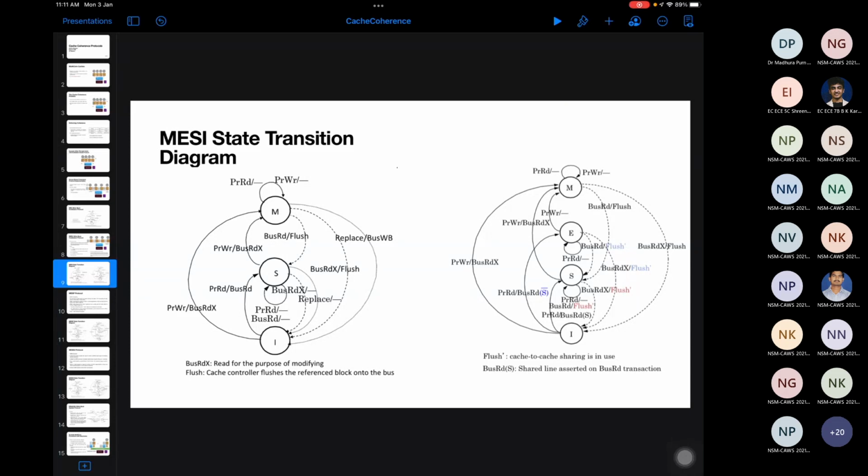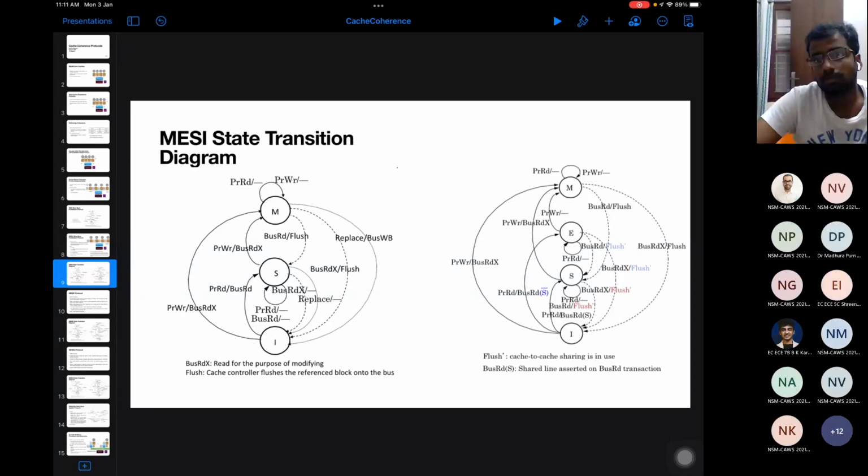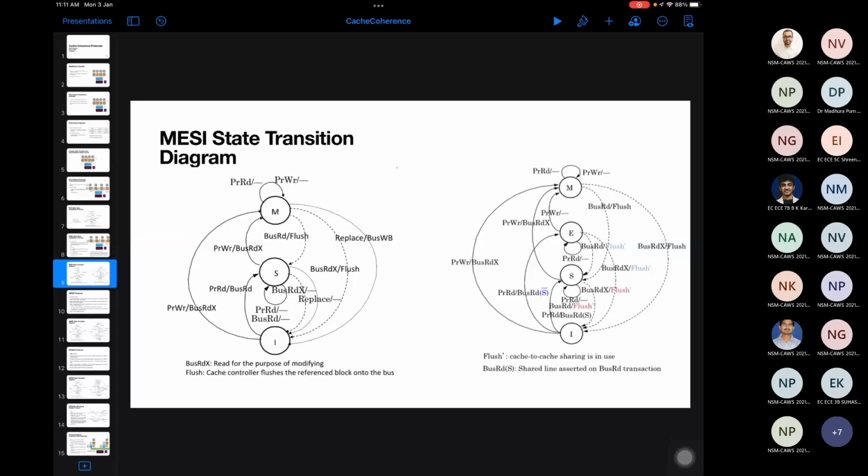We cut down this extra transaction on the bus, and that is saving us bandwidth, and the bus availability is increased for performing other useful operations.